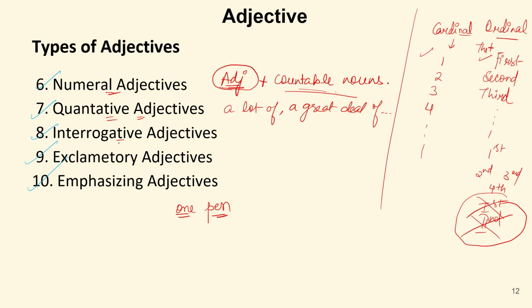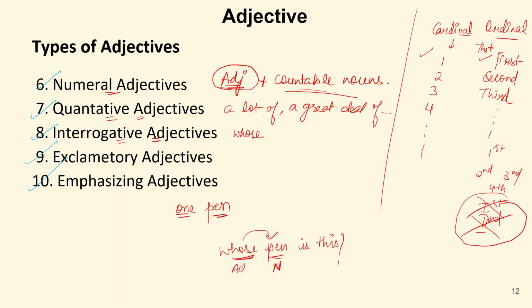Now, interrogative adjectives are the adjectives which ask us a question, but there is a condition. It should always be followed by a noun. For example, if I say whose pen is this? Just before this noun, we have the word whose, which is asking about this pen.